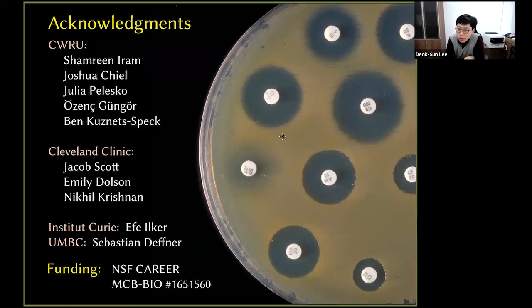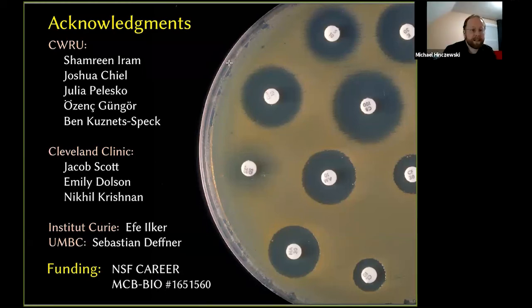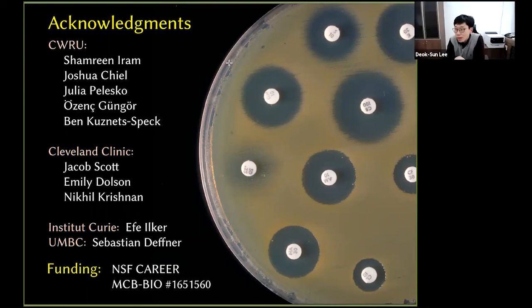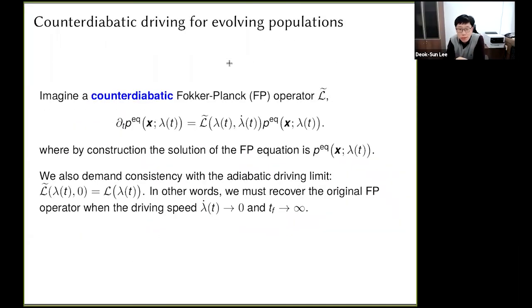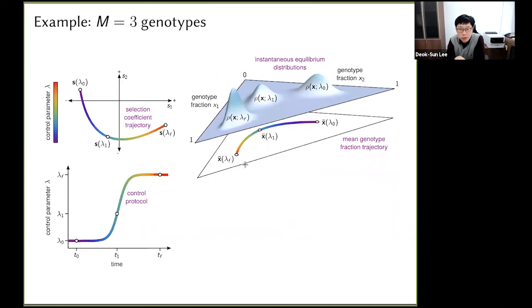So what information do you need to determine the counter-diabatic protocol for the selection coefficient S tilde? Do you need to measure the time variation of the mutant concentration for all the time period, or just? Yes.